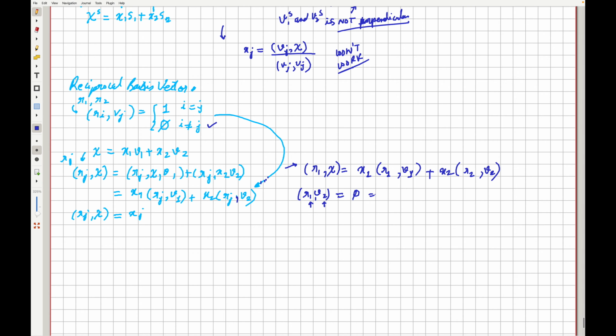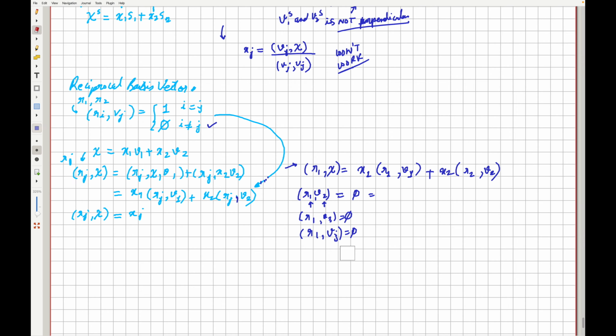Likewise, r1 with v3 would be 0. For r1 with any of the v of j values, those would be all 0, except when j is equal to 1.